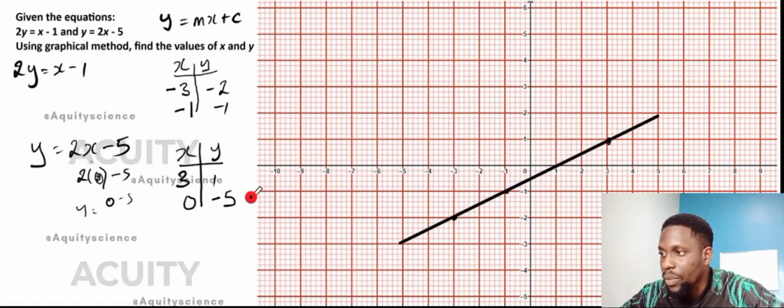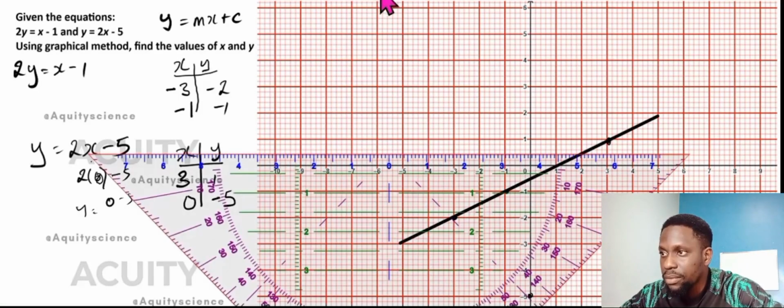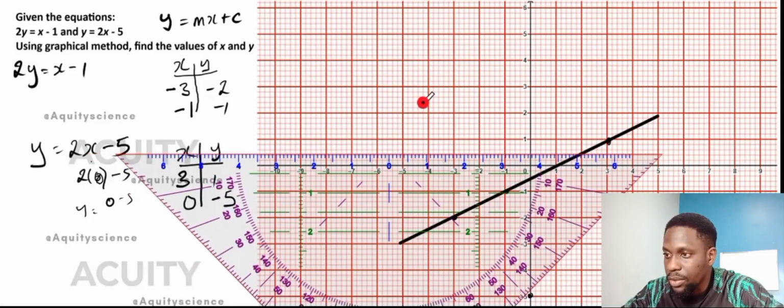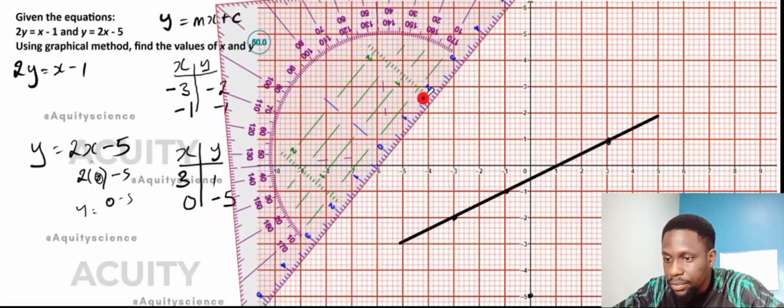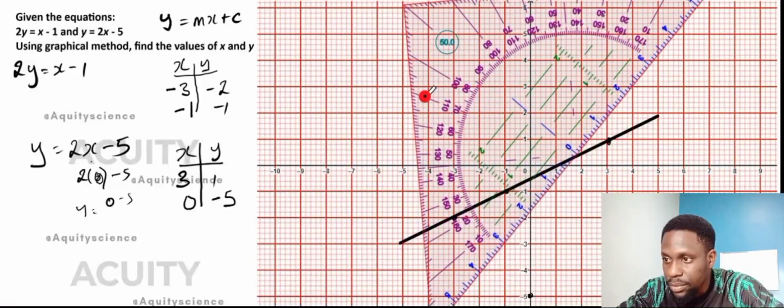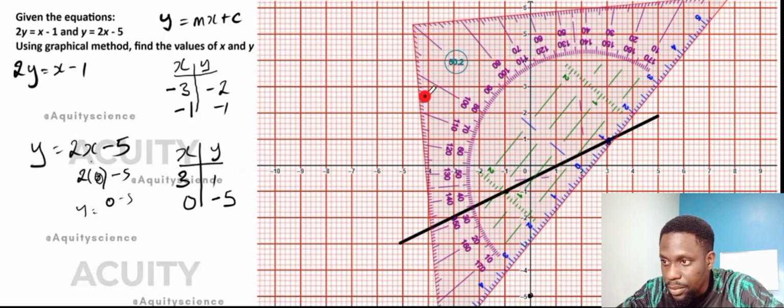And then x is 0, y is minus 5. That should be somewhere here. Okay, so we'll get the ruler again, make that smaller, and turn it the right way. Bring it closer, and let's align that properly.